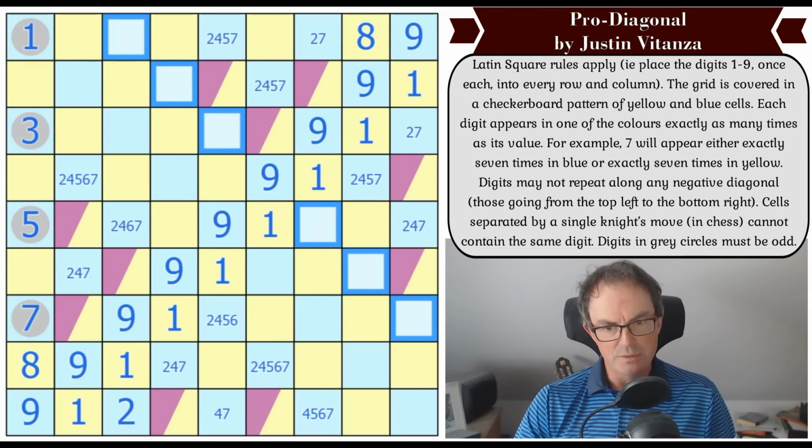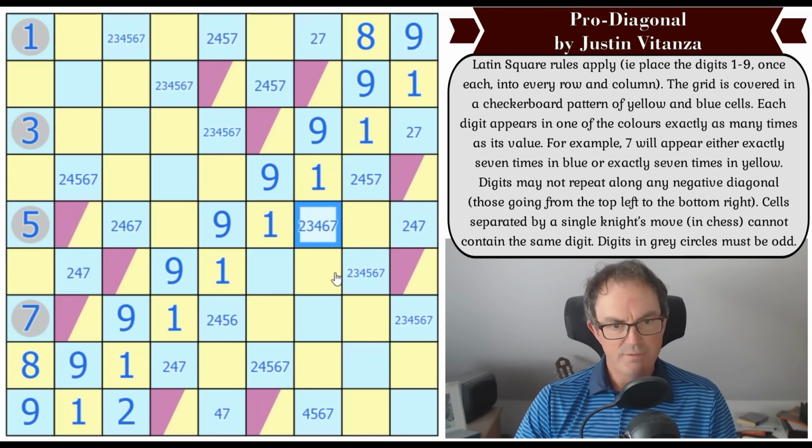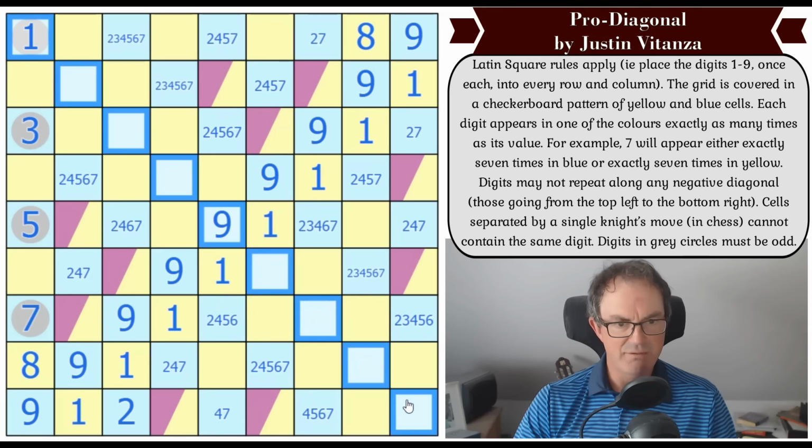So maybe I've got to revisit, because I've now effectively got my thinking done for all of the blue diagonals. Let's just make sure we get that one filled in. That's got to look like that. So this isn't 5. That can't be 3. And obviously this diagonal contains 1 of everything.